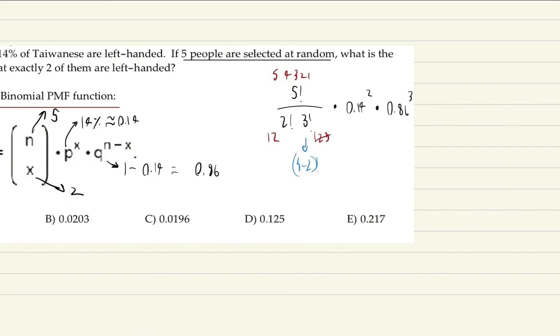We eliminate this part first, and we get 5 times 2, which is 10. 0.14 squared is 0.0196, and 0.86 to the power of 3 is 0.636. After calculation, it's approximately 0.125. So this is it.